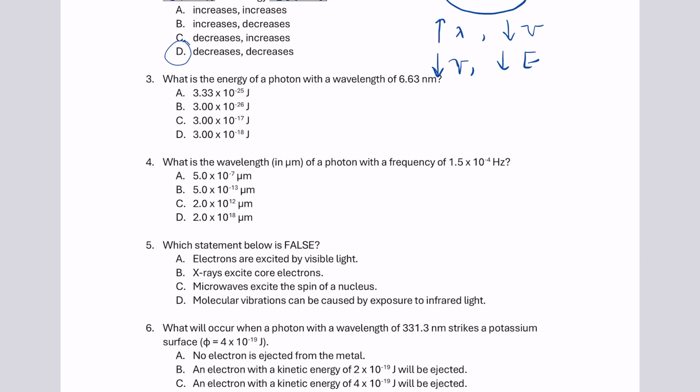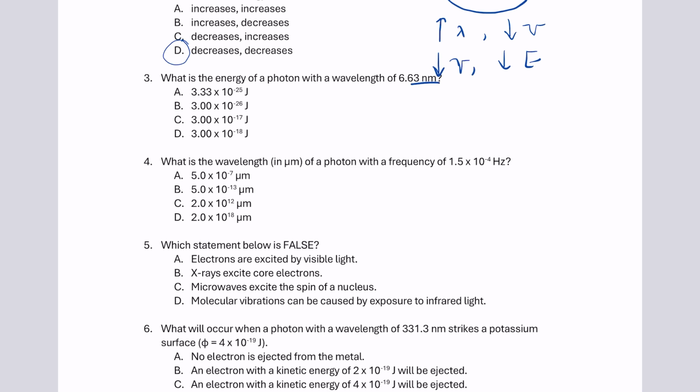Problem 3 says, what is the energy of a photon with a wavelength of 6.63 nanometers? To solve this problem, we're going to be using the following equation. Energy is equal to Planck's constant multiplied by the speed of light divided by wavelength. If you're wondering where this equation comes from, it comes from the fact that we rearrange the speed of light equation to solve for frequency.